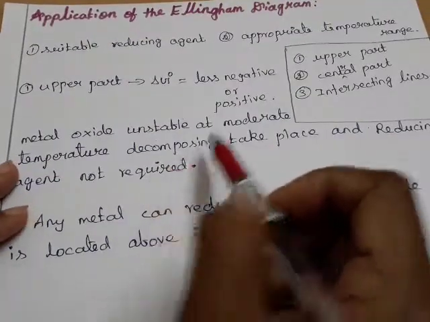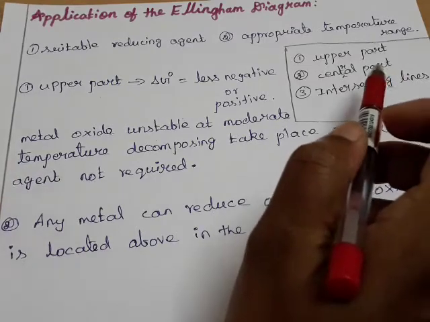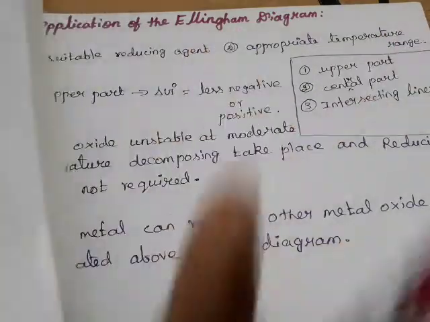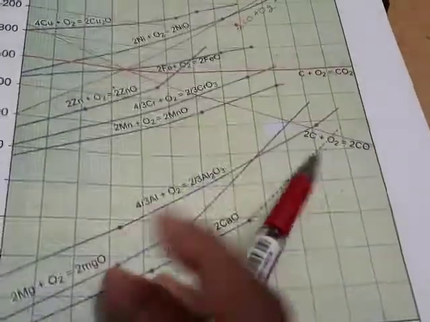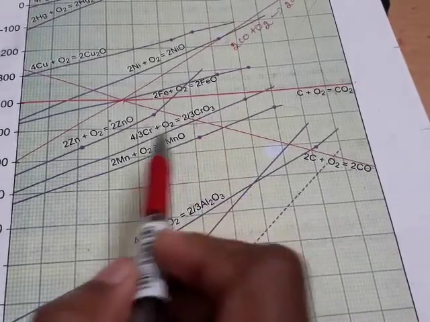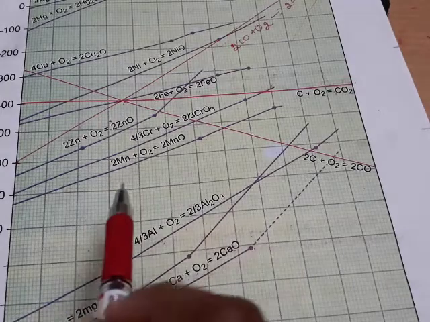Now we are going to see the second point. The second clue is the central part. In the central part, the Ellingham diagram tells us whether reduction is thermodynamically feasible or not.